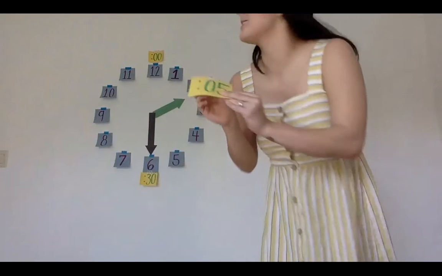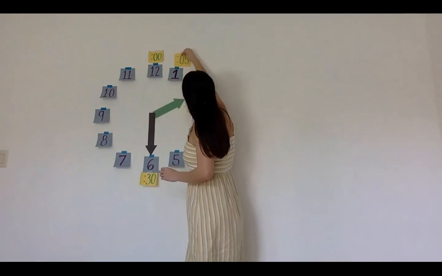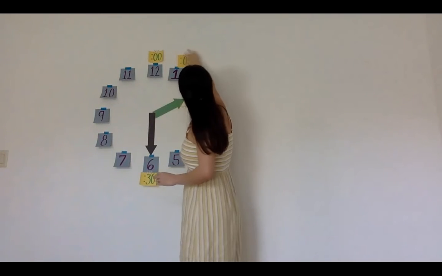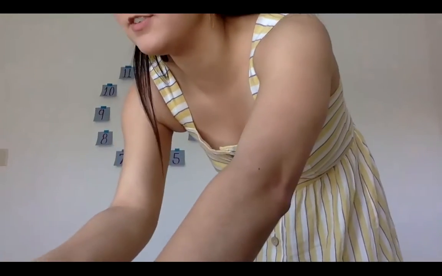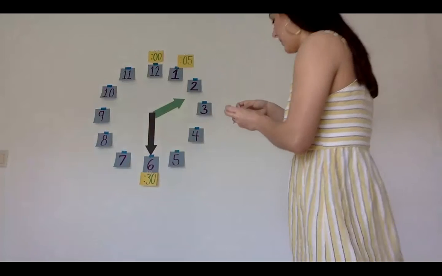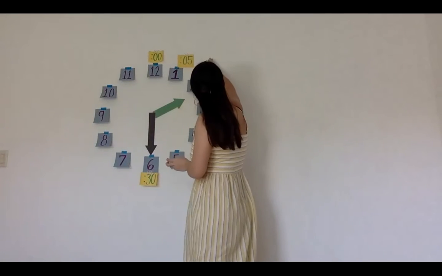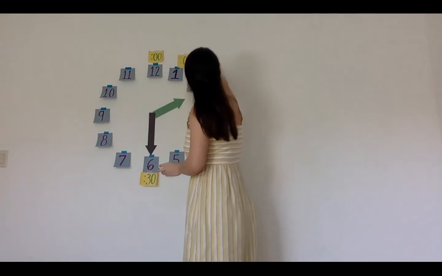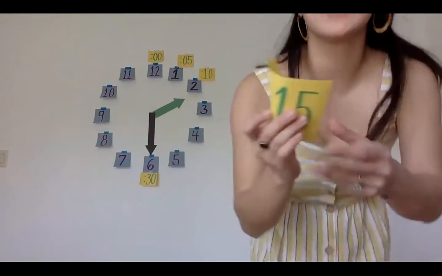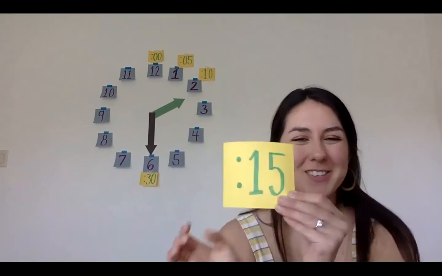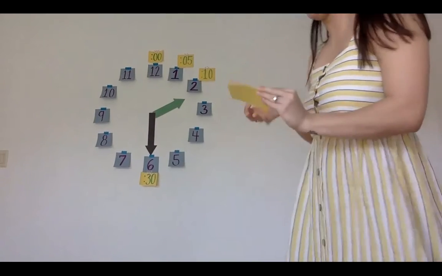And then for 1, that's 5 minutes. We're just gonna put them around. All right, then we've got 2 is 10 minutes. I'm gonna put that up there. I've got 3, that is 15 minutes. Put that up as well.